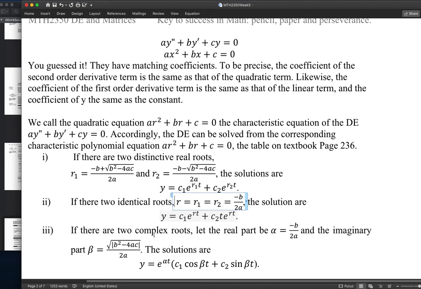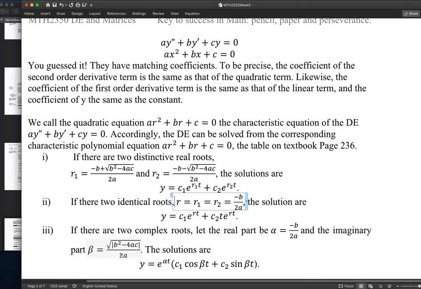For the imaginary part, there could be positive or negative imaginary parts, right? For the sake of the differential equation, you really only need to consider the imaginary part as positive. So that's what I did here. It is always positive.